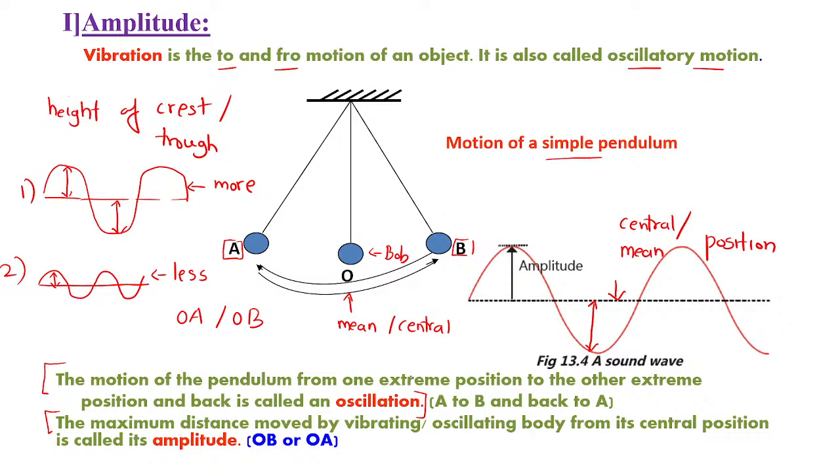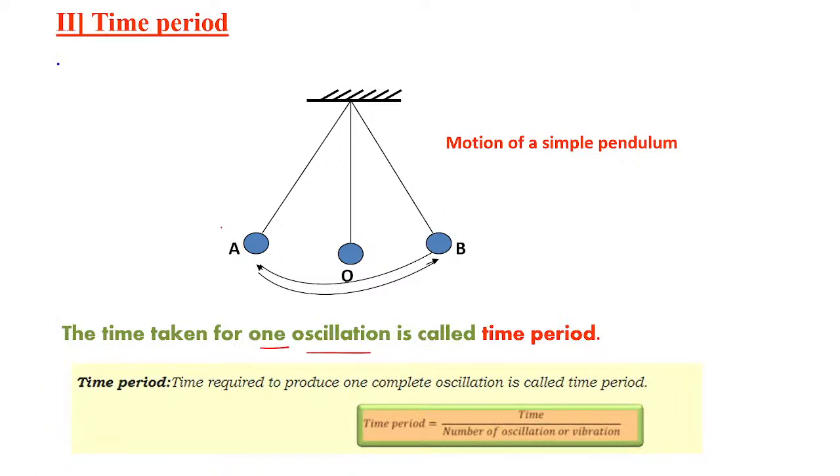From A to B and from B back to A, this will be one oscillation. How much time is taken for completing one oscillation is termed as time period. The time required to produce one complete oscillation is termed as time period.